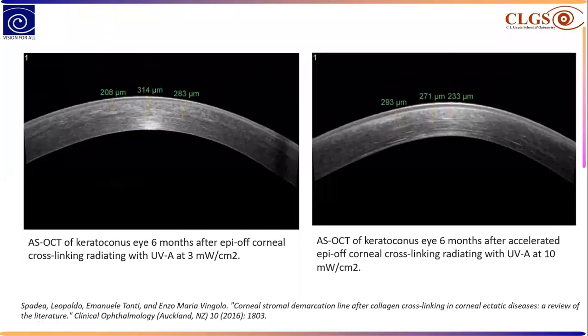But as I said, this is debatable. A few researchers don't believe in this, but most clinicians believe that this demarcation line is an important clinical tool to assess the extent of CXL treatment.